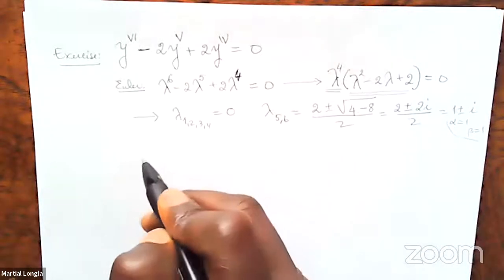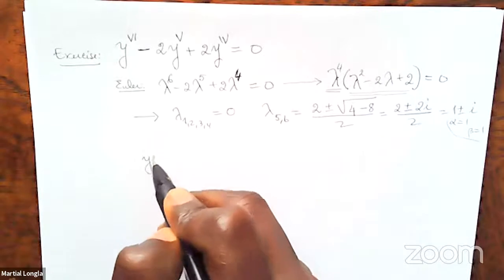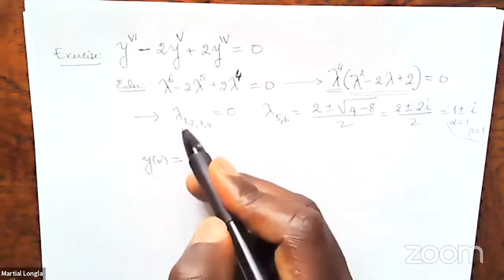So John, how do we write the answer here? What's y of x equal to with these roots that we got?